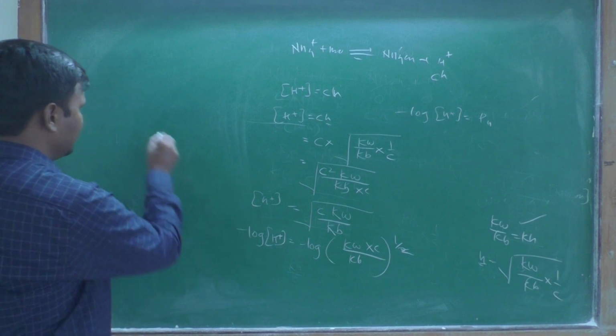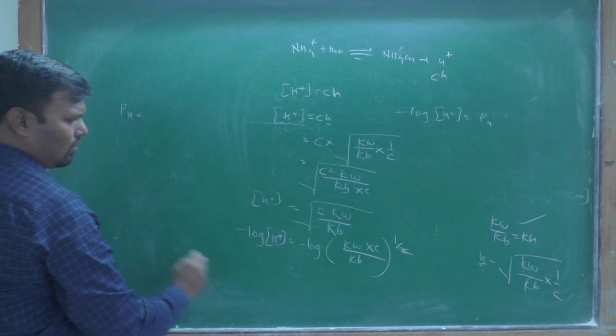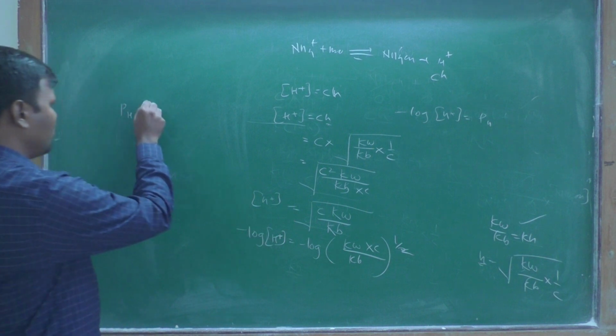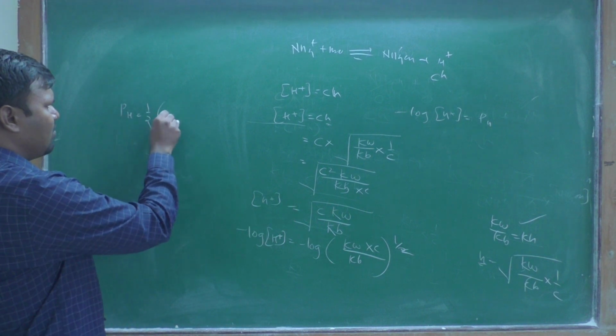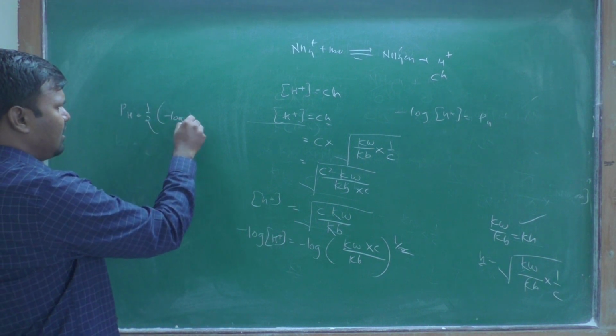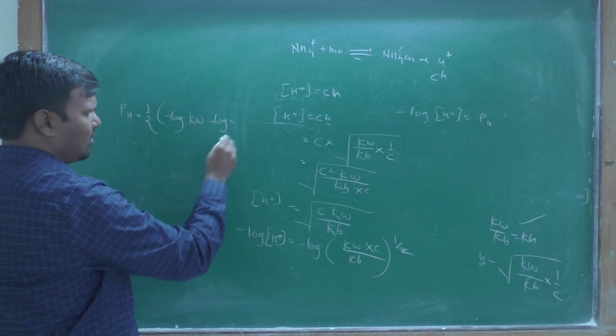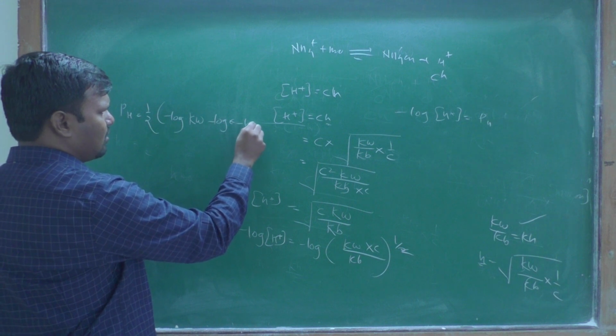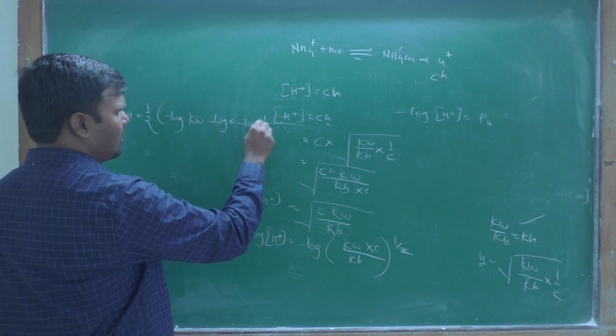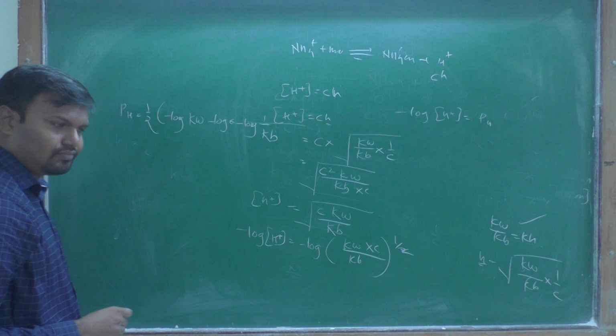Okay, minus log of H plus means the pH is equal to, the 1/2 will be outside the bracket, if log is there, minus log Kw minus log C, then minus log 1 upon Kb.